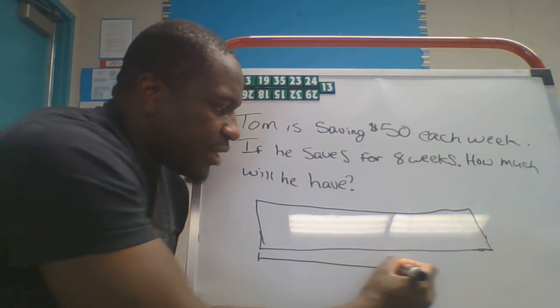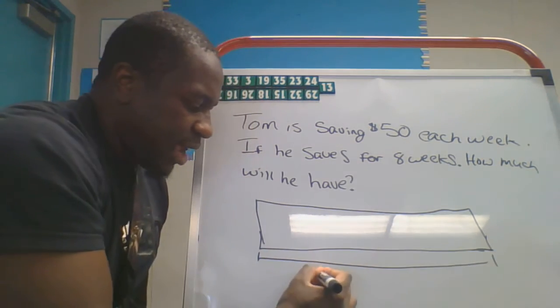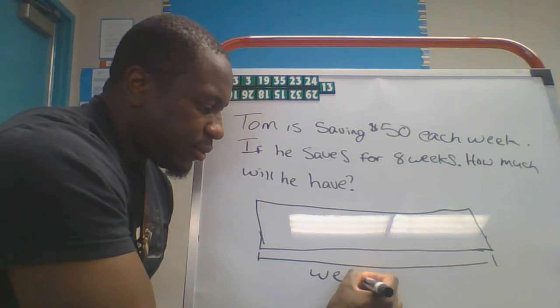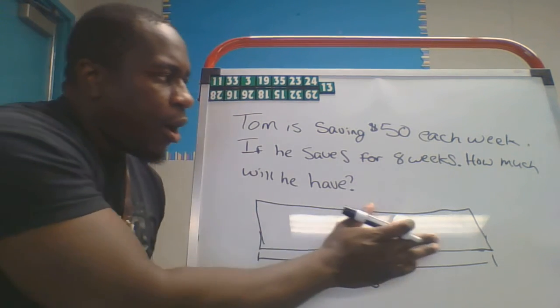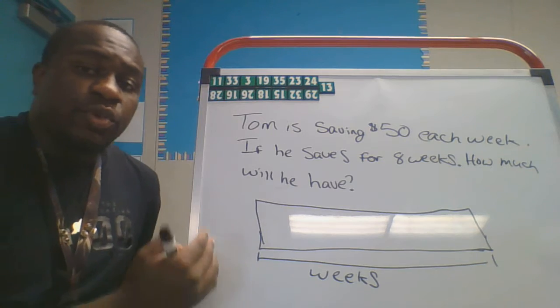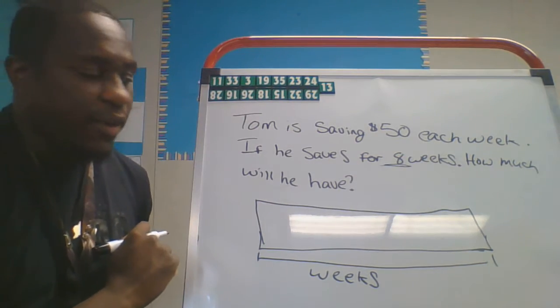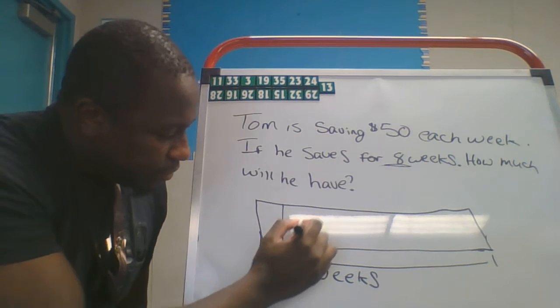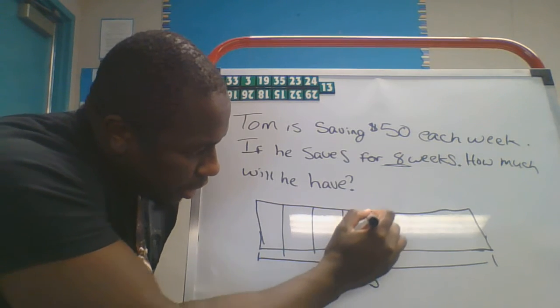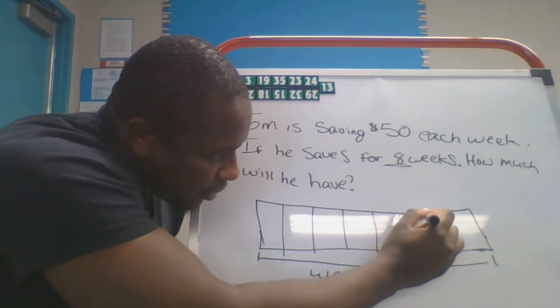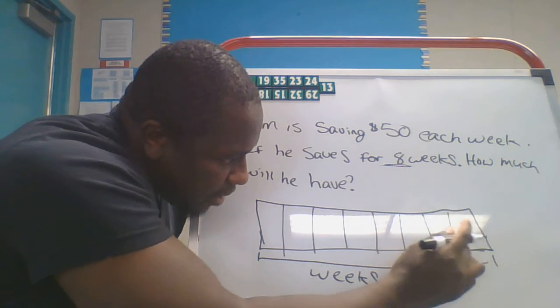So let's go ahead and say that this equals the weeks he's saving. So that means in this bar, we need to separate it into 8 different weeks because it says here that he saves for 8 weeks. So we got 1, 2, 3, 4, 5, 6, 7, 8.